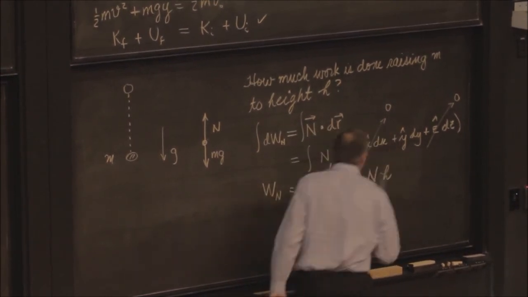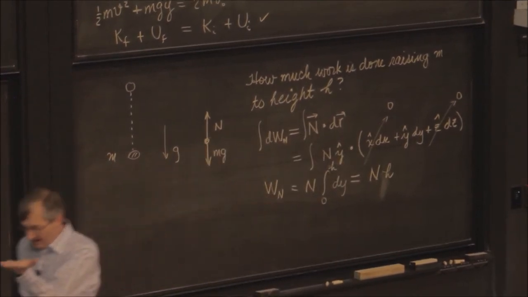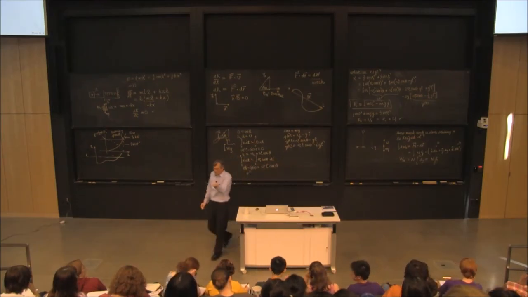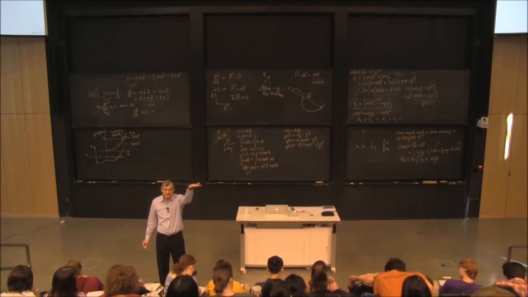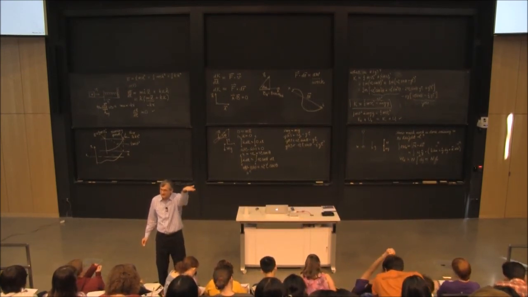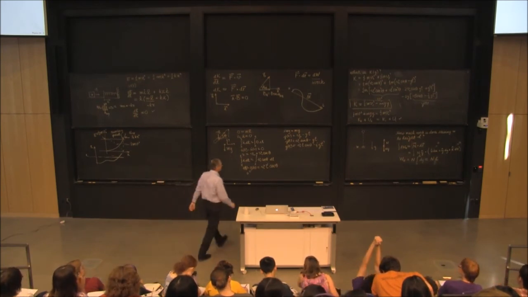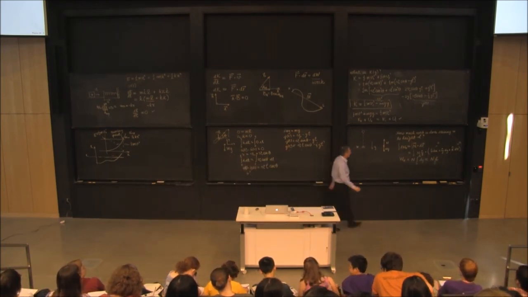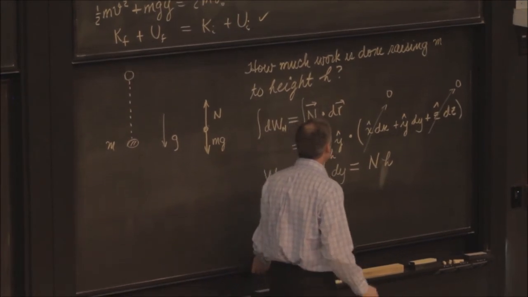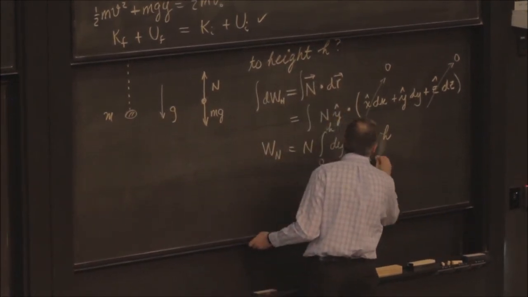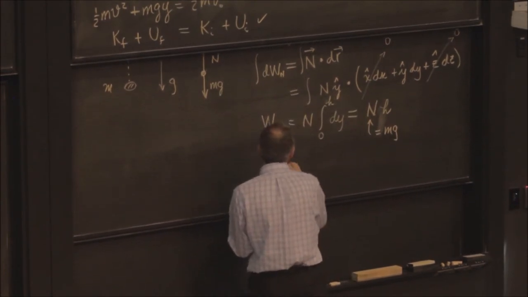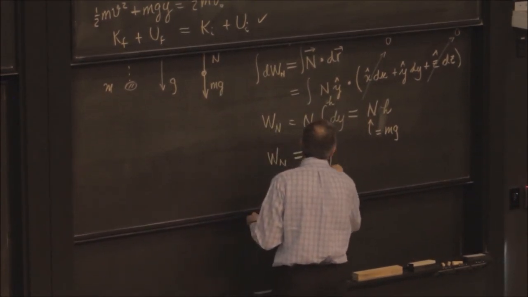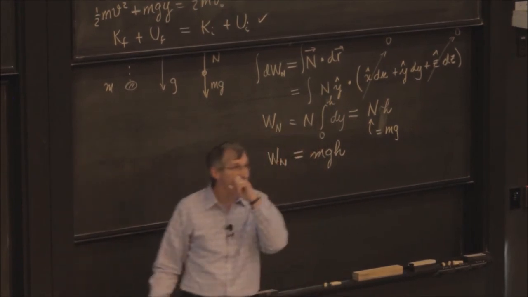And as I mentioned, if I make the normal force just counteract gravity, then I never invest much in kinetic energy. So basically, I'm just stocking that work in the form of potential energy. So we get that the work done by the normal force is mgh.